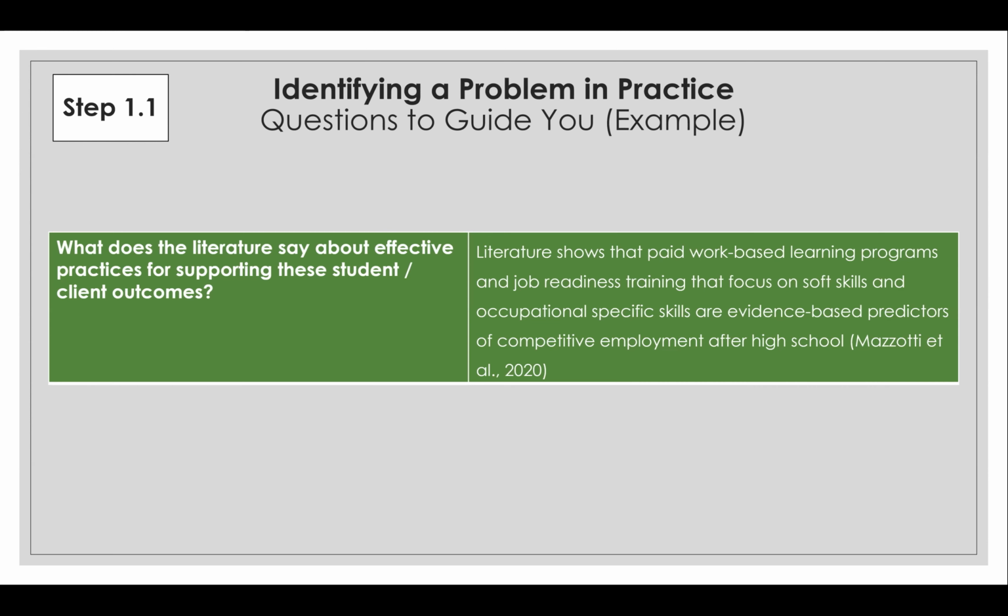So we know these are things that we need to focus on. What we don't necessarily have the information yet about is what are the specific practices, strategies, tools that we need to use to provide high quality programming related to supporting our young people and families to reach these post-school goals that we have identified.